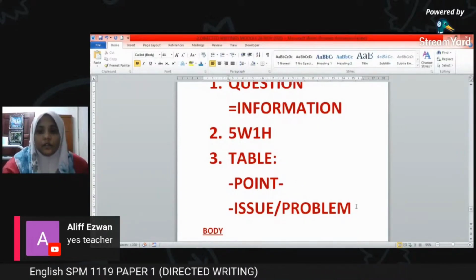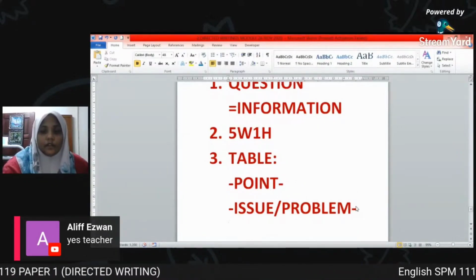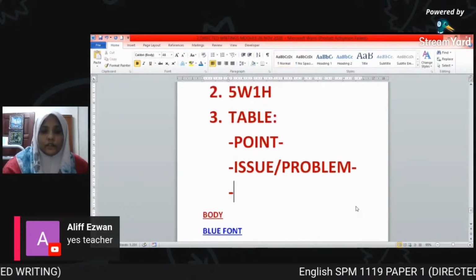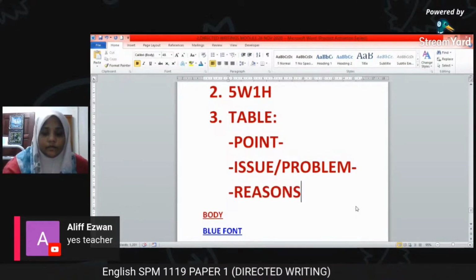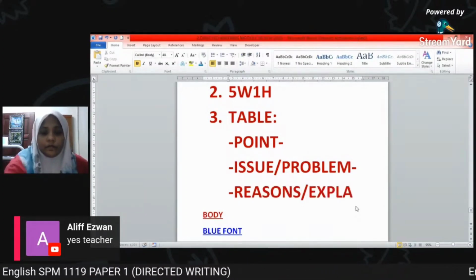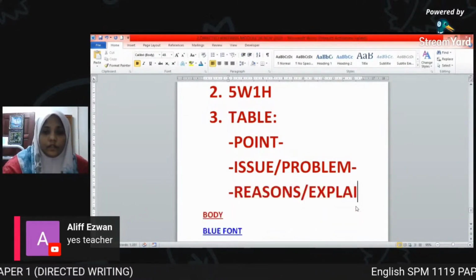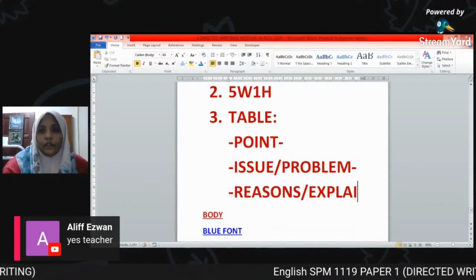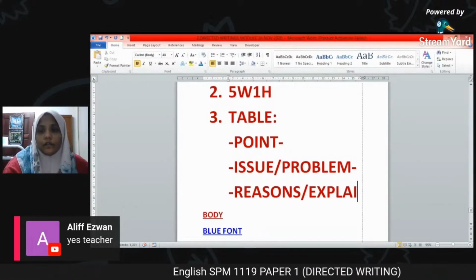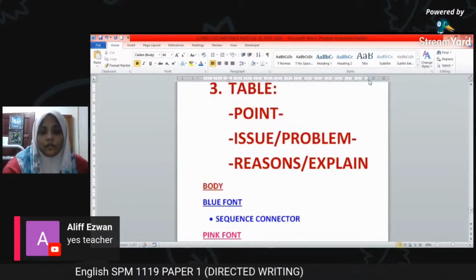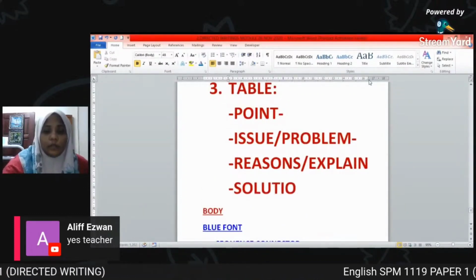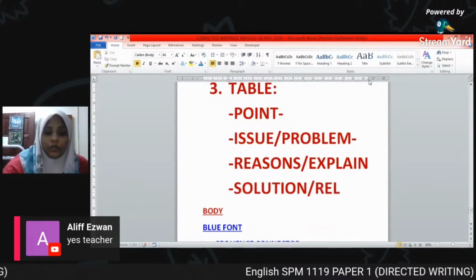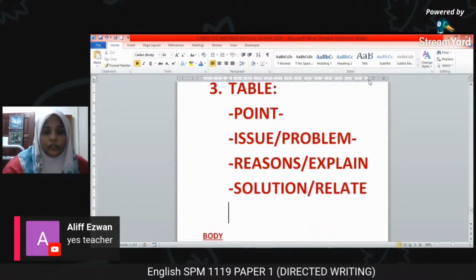And then give reasons, whereby this is where you explain, and the solution to that problem, or always relate to the question.